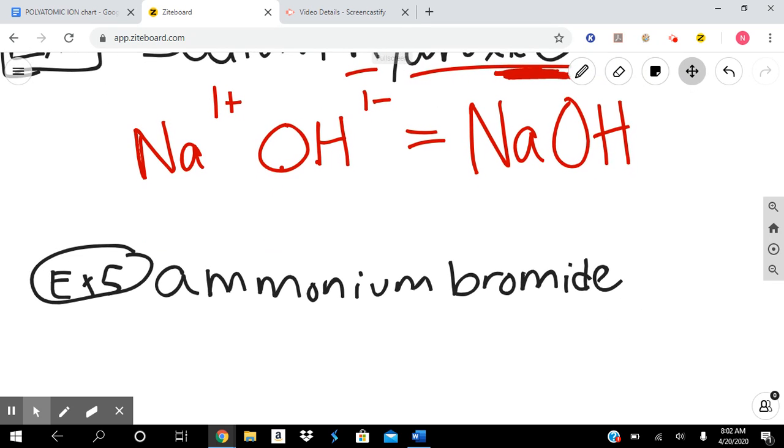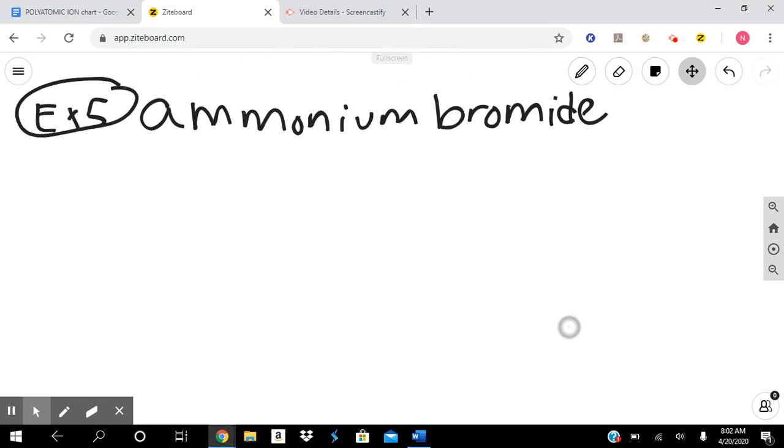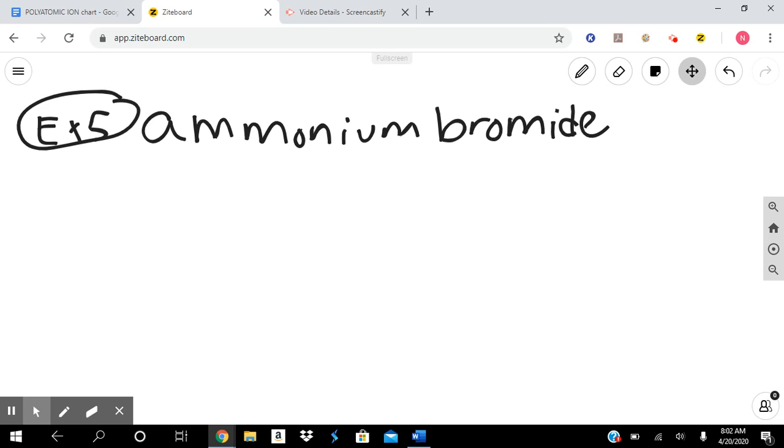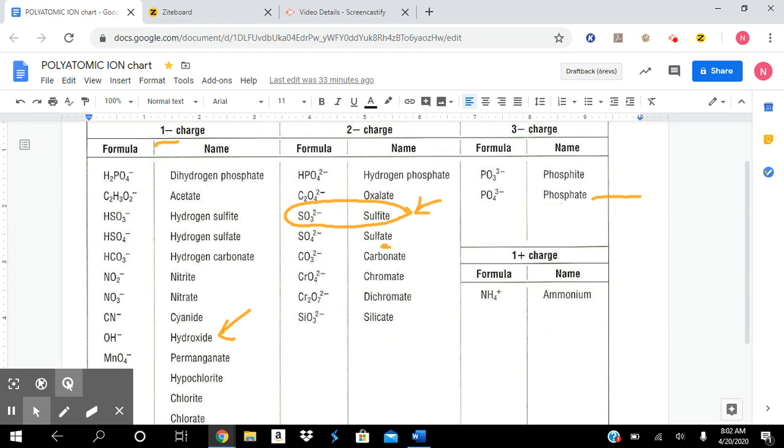If that built your confidence up to try this one, ammonium bromide. Pause the video and try it. The hardest part about ammonium is everyone can never find it. Ammonium is the only cation.